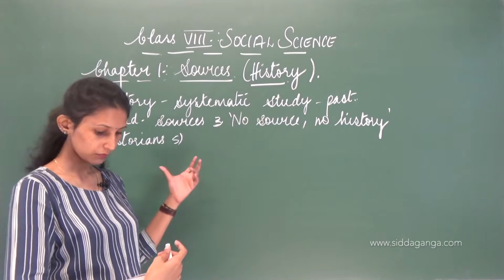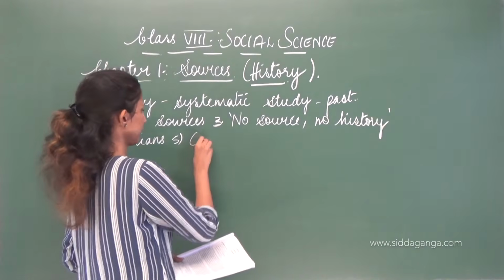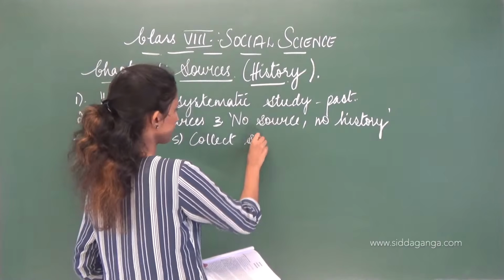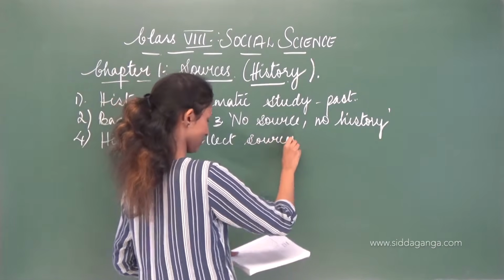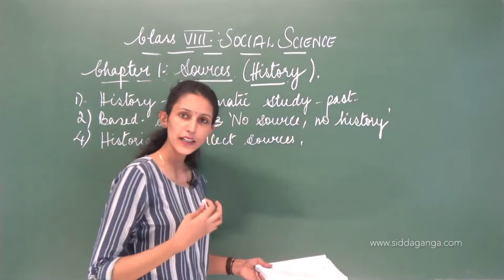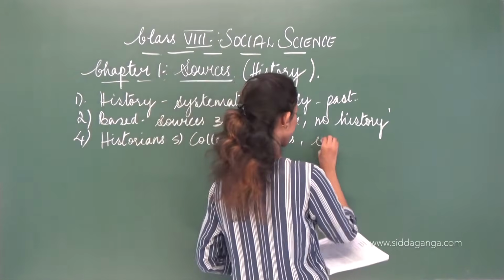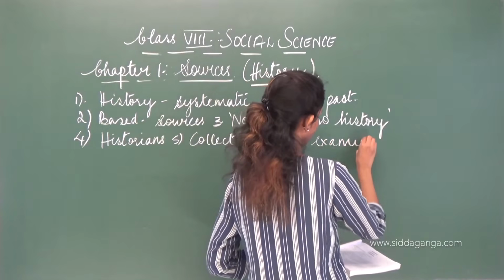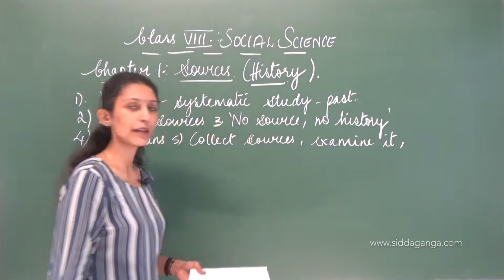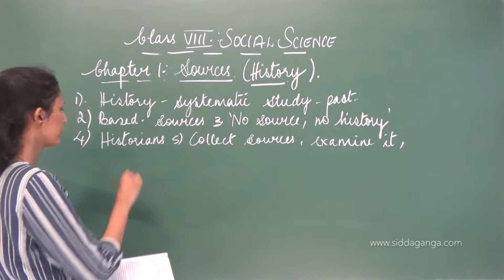Now what do these historians do? They collect sources, that is information that is there. They find out what is important in it, they examine it, and then they make an analysis, a study of what they have brought.